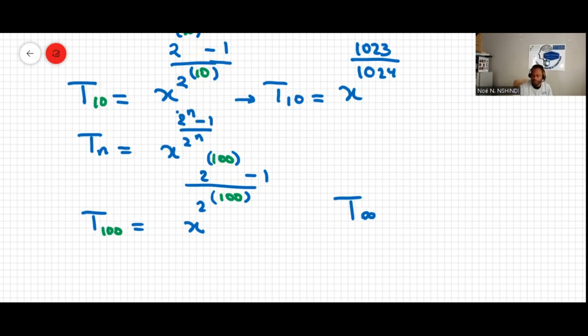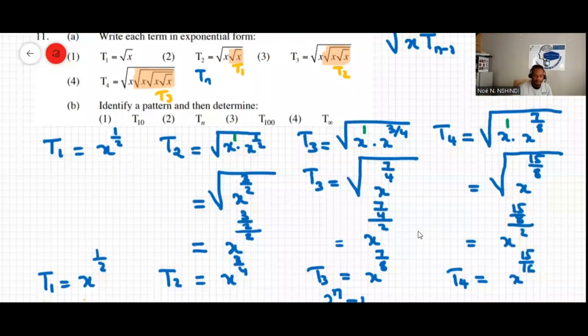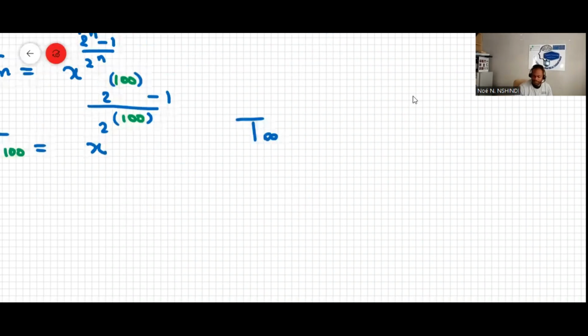And then T to the infinite. This symbol stands for infinite. We need to be careful over here. On the right, it's going to be x to the power of 2 to the power of n minus 1 all under 2 to the power of n.